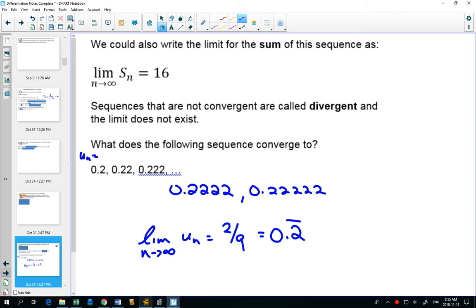Can you see eventually you would have all the 2's? We'll leave it at that. There's some fun stuff that we could do with geometric sequences, but we don't need to right now. So this sequence does converge, and it gets closer and closer and closer to 2 over 9.